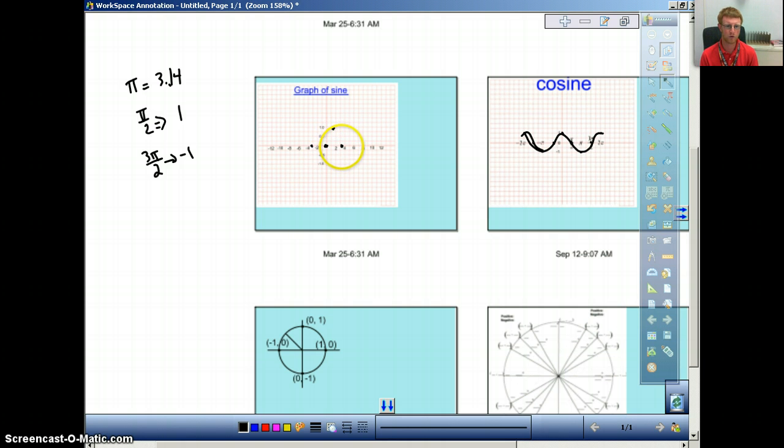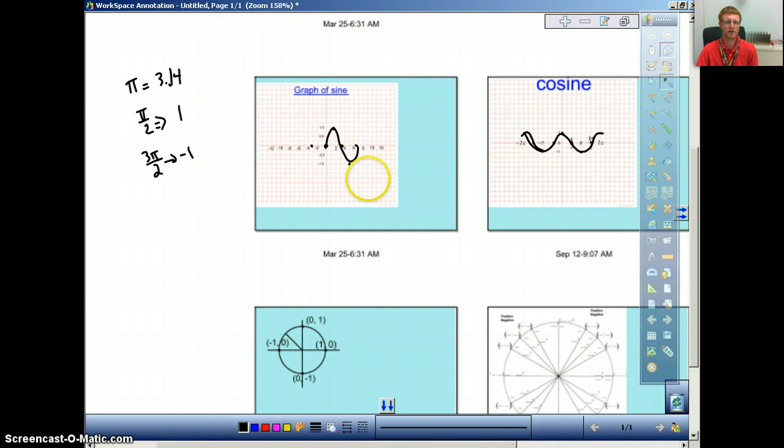And then 3 pi over 2 is going to be somewhere in between pi and 2 pi. It's going to be an approximation, of course, but I think all of us know how to graph by now. And then we know that 2 pi is going to be somewhere around 6.28, and then you get the general idea of what that graph looks like.